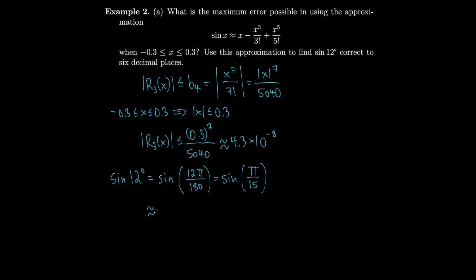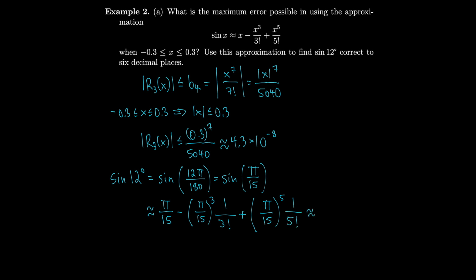Okay, so now that's approximately pi over 15 minus pi over 15 cubed times 1 over 3 factorial plus pi over 15 to the 5th. Almost forgot my 1 over 5 factorial over here.